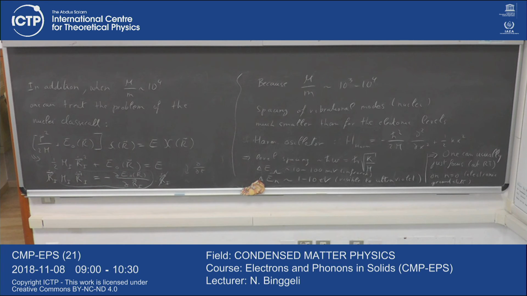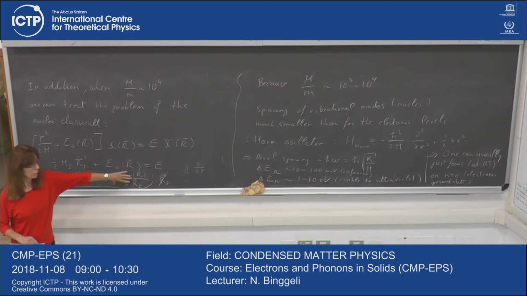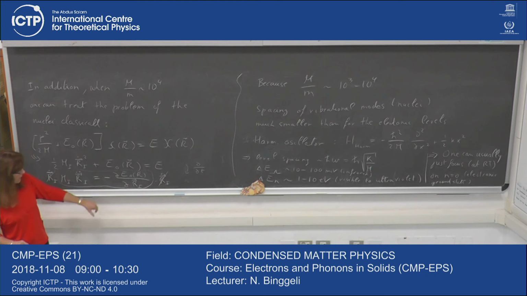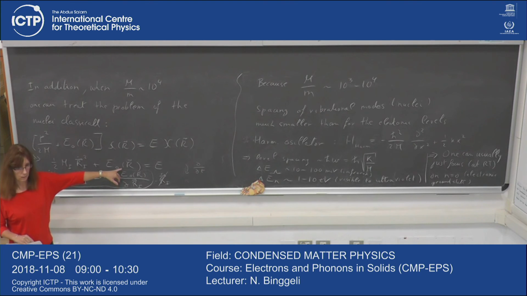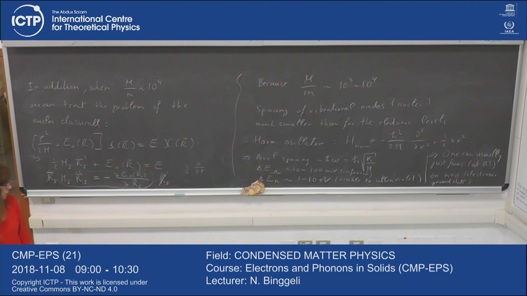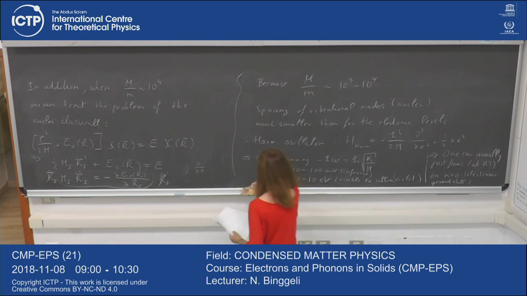So it's just Newton's equation with, for the force, the derivative of the total energy that one gets from the electronic problem with respect to the position of the nucleus. And this gives us the equation of motion of the nuclei, the dynamic of the nuclei.